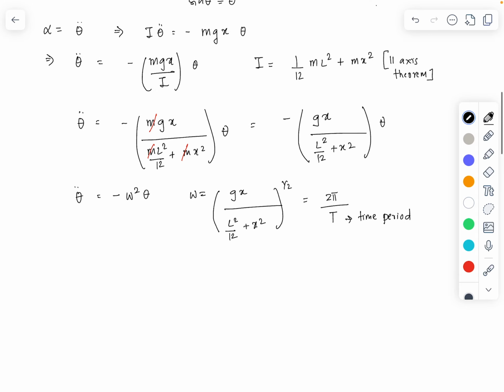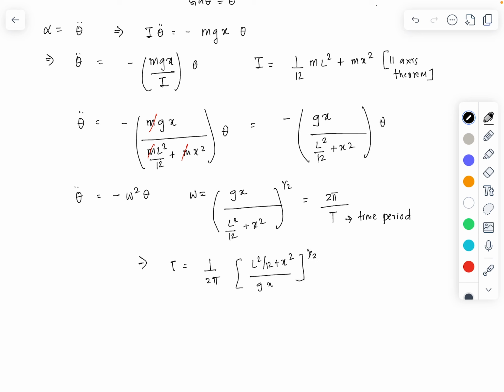Therefore T equals 2 pi times the square root of (L squared divided by 12 plus x squared) divided by gx.